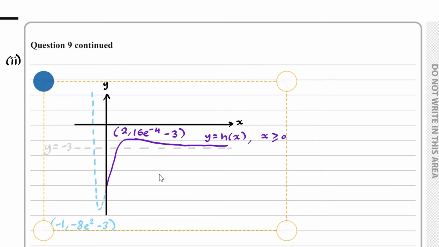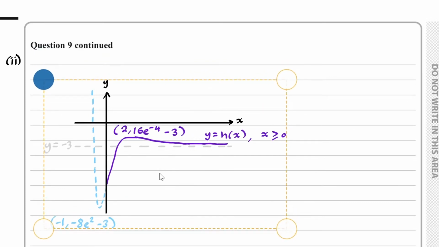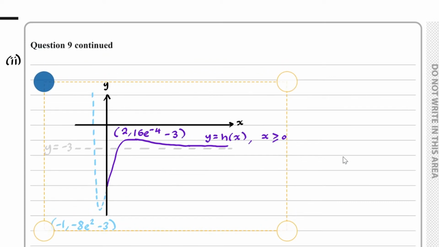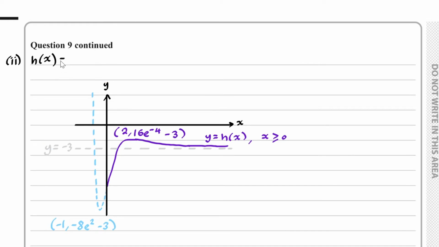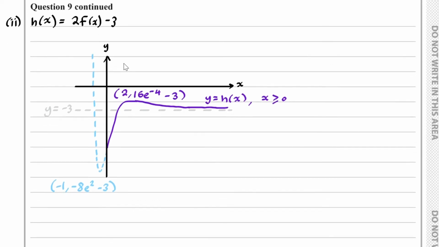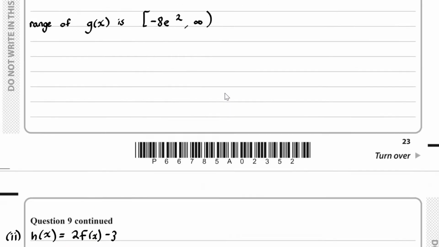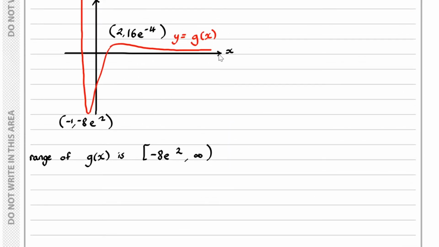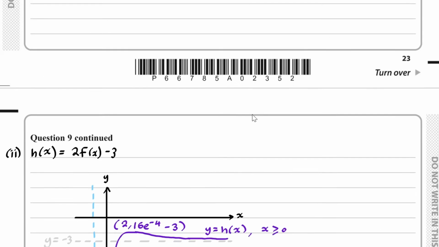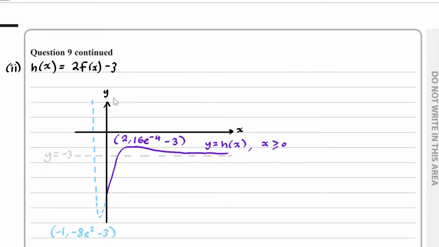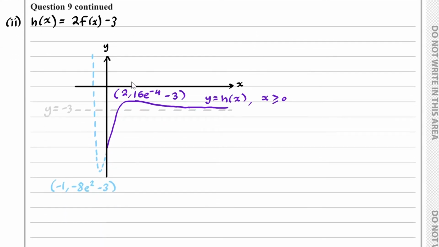So for the other part of the question, we have to recognize that h of x, that's equal to 2 times by f of x minus 3. Okay, so if we compare this to what we had before, here we had an asymptote at y equals 0, so therefore when we translate that by 3 units down, the new asymptote is at y equals minus 3.